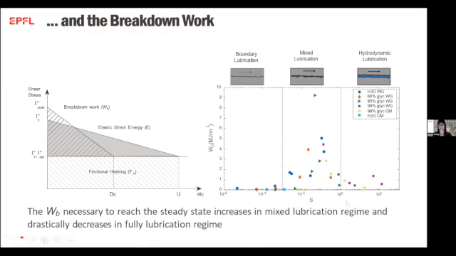What we see is that this breakdown work, Wb, increases under boundary and mixed lubrication condition and decreases abruptly under hydrodynamic condition. It is really this breakdown work that, if it's very big, will probably impede the rupture to continue to propagate. So having a very big breakdown work means that it will not be very easy to continue to propagate the rupture.